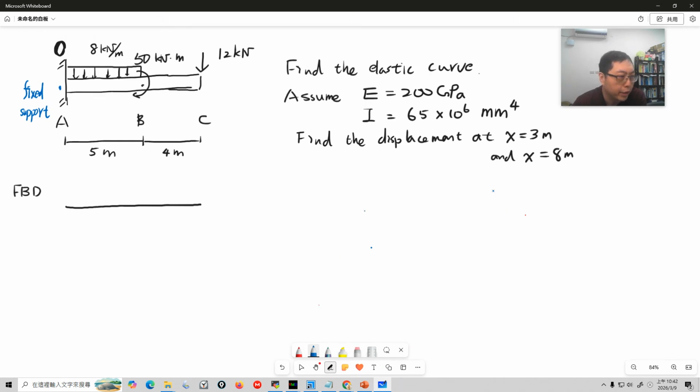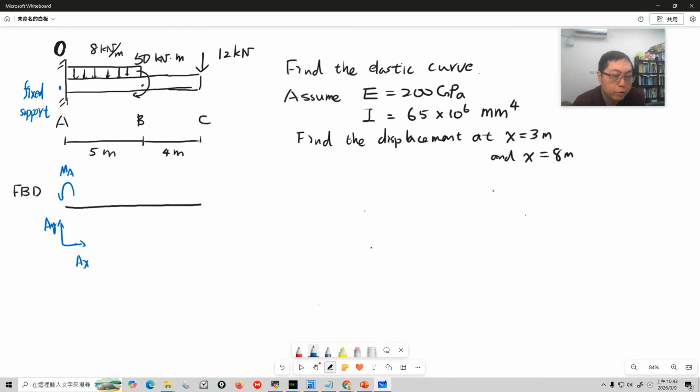At point A, because it's a fixed support, we have a reaction moment, and also reaction forces AX and AY. Then we use rigid body equilibrium to solve for MA, AX, and AY. Again, don't forget it.